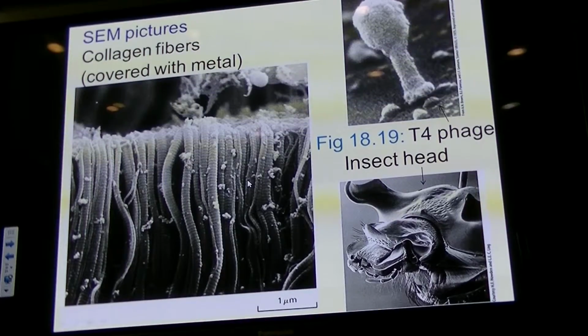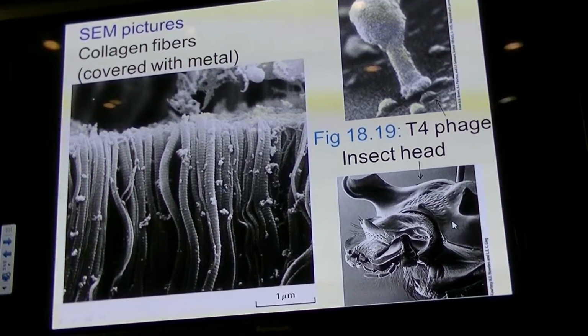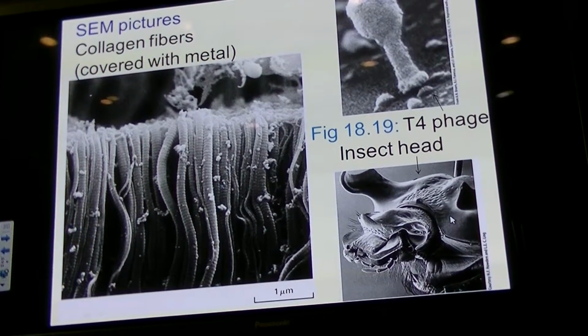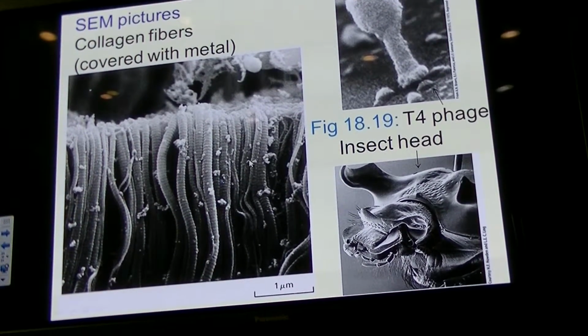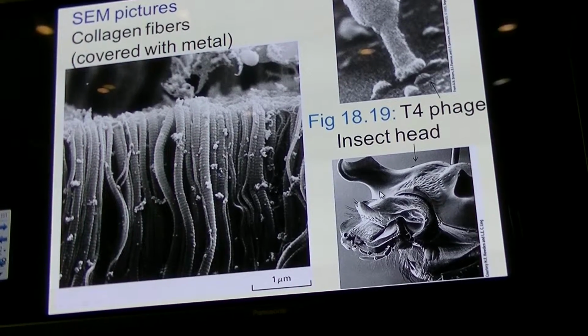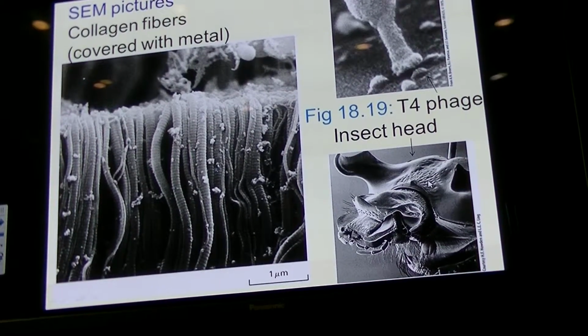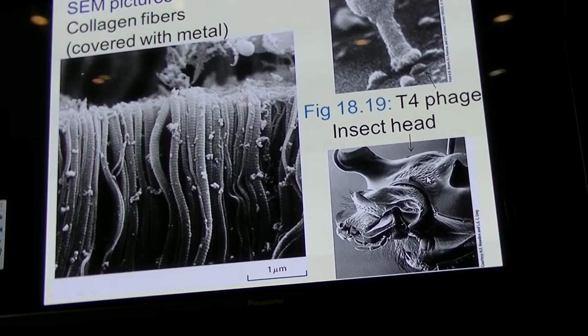That's what I think. Here we have an insect head, a very scary looking insect head. Much lower magnification here. This is very high magnification. Whereas the detector seems to be a little bit on the left. All good?